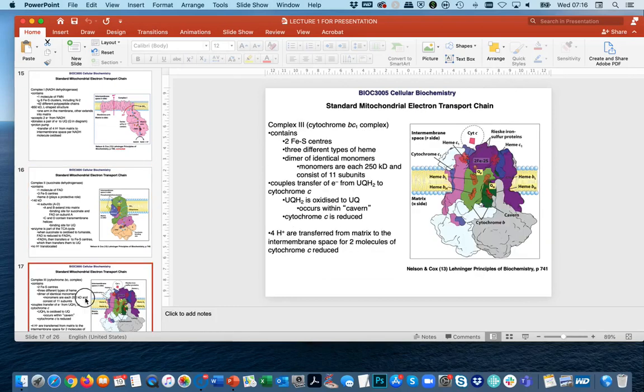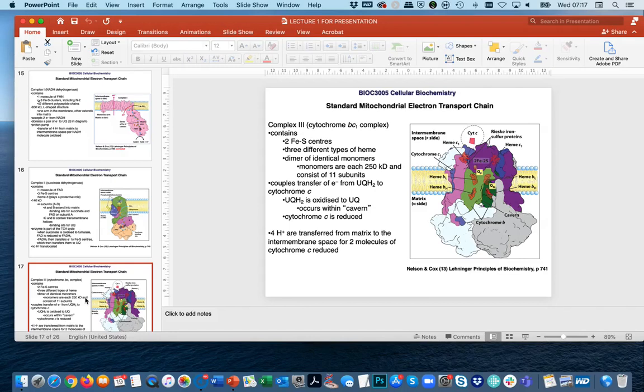So from the UQ pool, electrons are then transferred to complex 3. And complex 3 is cytochrome bc1 complex. So that already tells you that there are lots of heme groups involved in electron transfers in this particular complex. There are also, however, some iron-sulfur centers. Okay? So the complex is made up of 2 identical monomers, so it's a dimer in a functional complex.